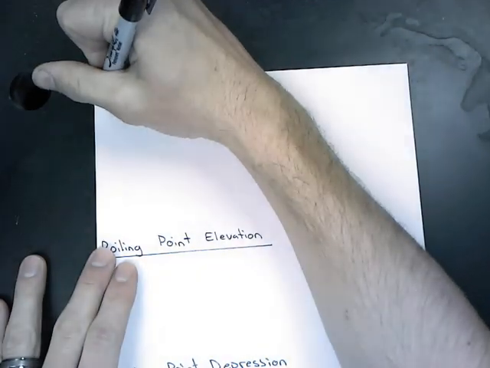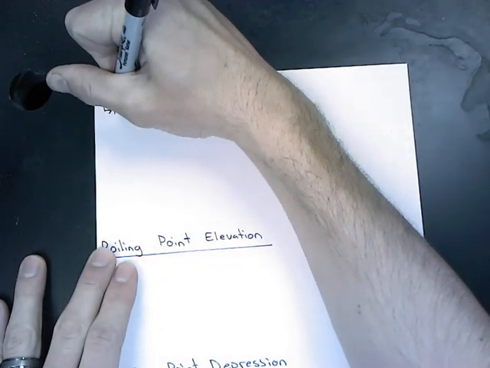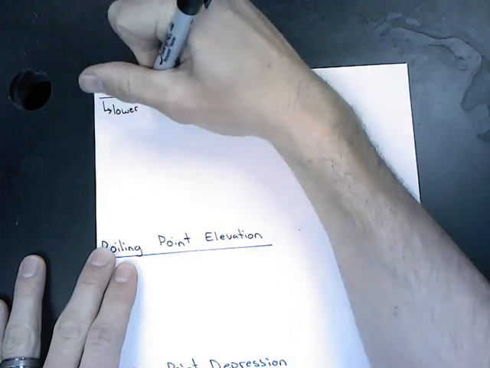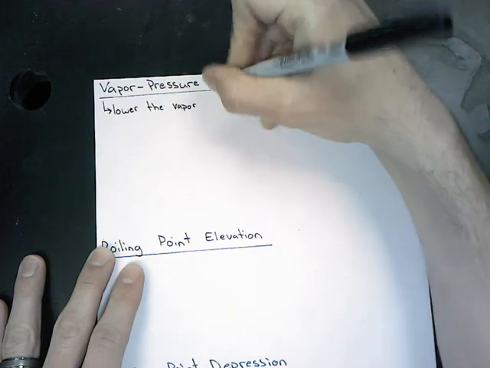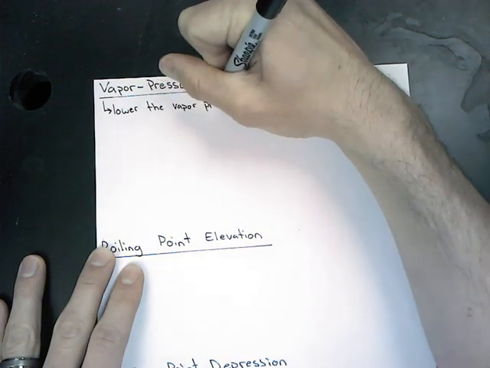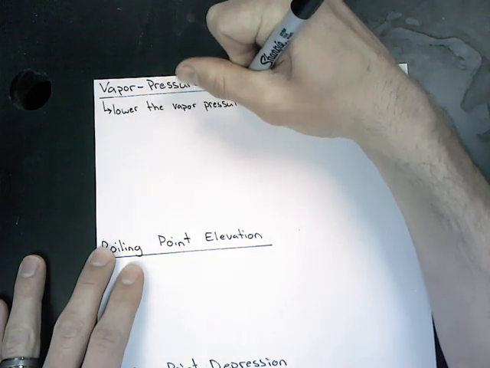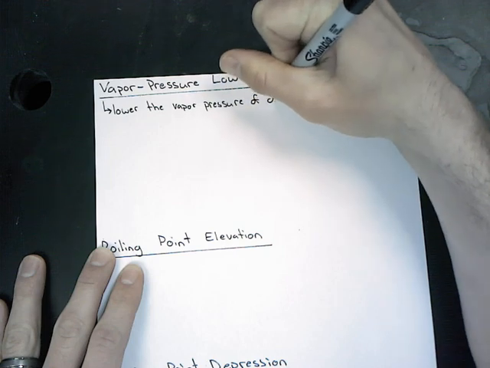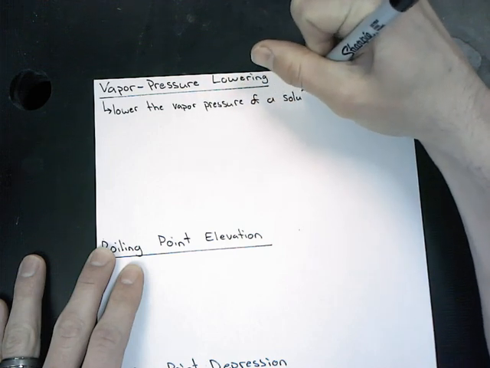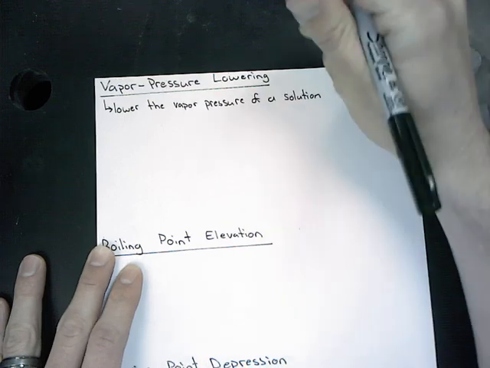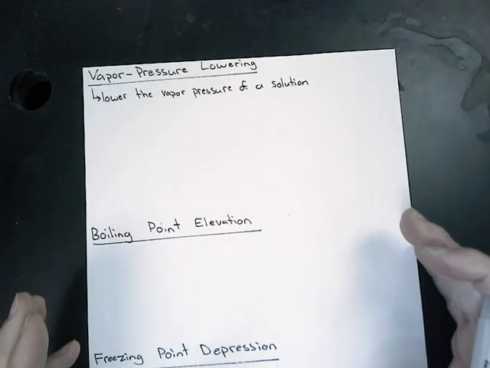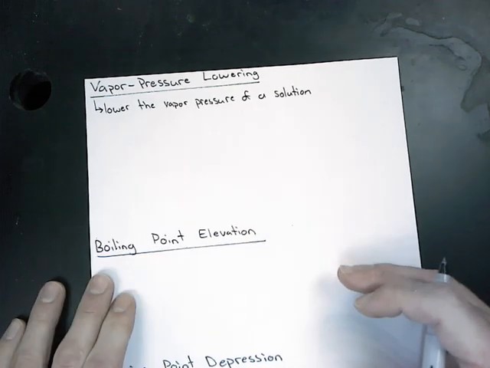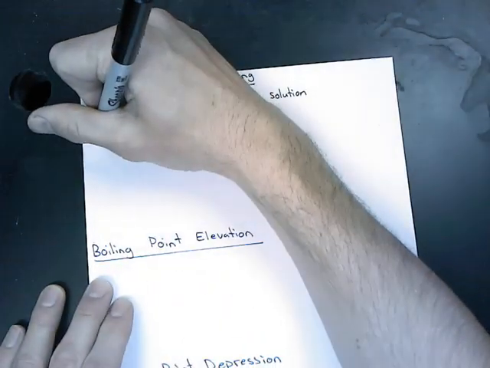This colligative property is going to lower the vapor pressure of a solution. Now this lowering is in comparison to the pure solvent of that solution. So we're going to draw a couple pictures to depict what I am saying here.